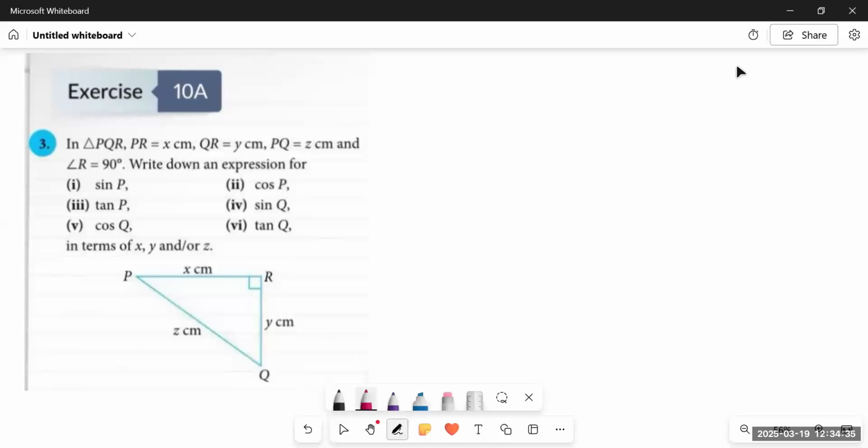Now let's do question number 3 the same way, where we are provided with a triangle PQR. First, we have to take P as the angle. So this side would become adjacent, the base, and this would be the opposite side, that is the perpendicular.